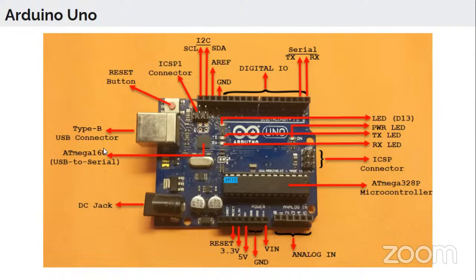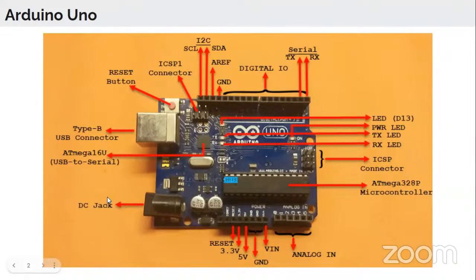Then we have an Atmega 16 USB to serial IC here. This IC is used to convert USB to serial. First we connect the Type B USB connector here, then whatever code we dump is converted from normal USB to serial for the serial communication using this IC.